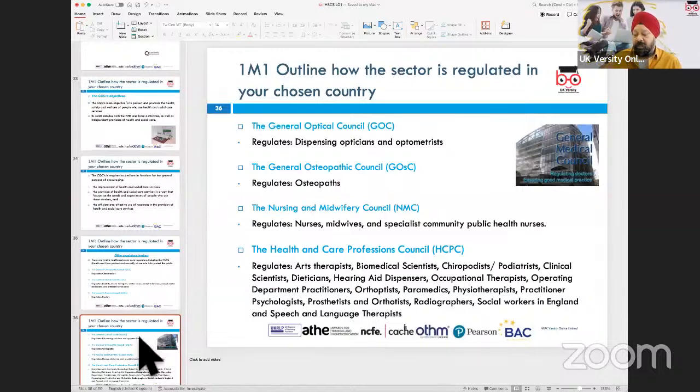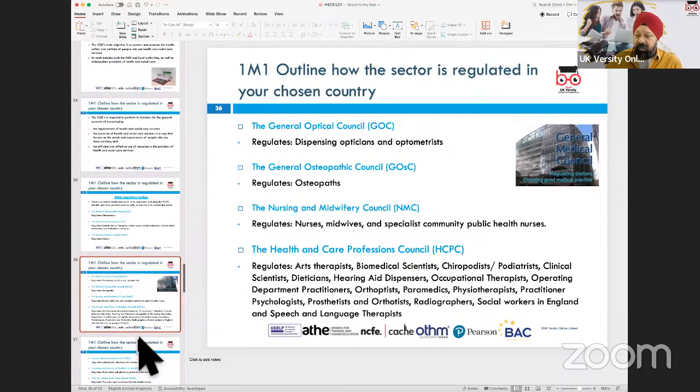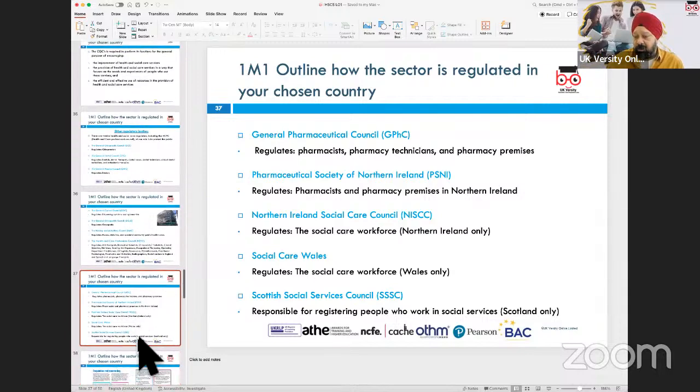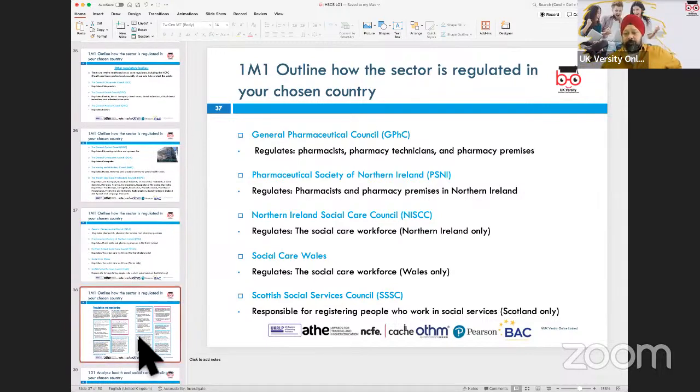So when you look at this assessment criteria, it is asking you to outline how this sector is regulated, and you might need to choose a few of these to detail them out. I would not say you cover all the 18, 19 of them, but use the ones that you think you would need to, by doing a bit of research on their websites, and areas in which you either work or are aware of, and those could be brought across in your assignment at a later stage.